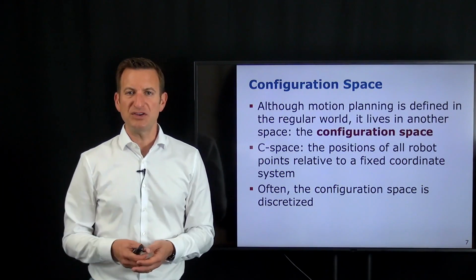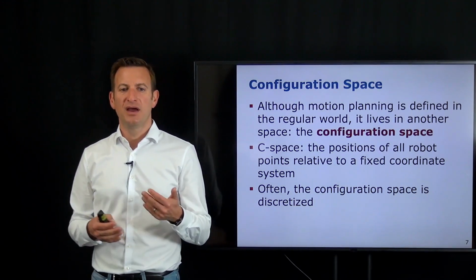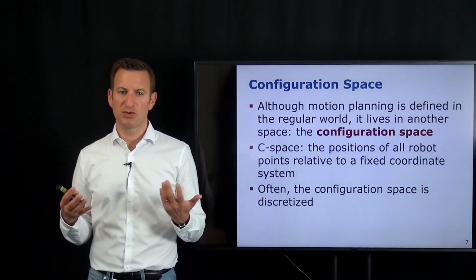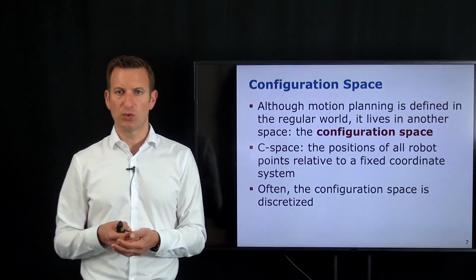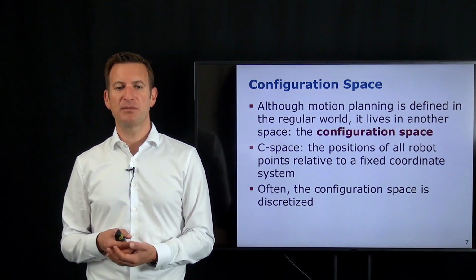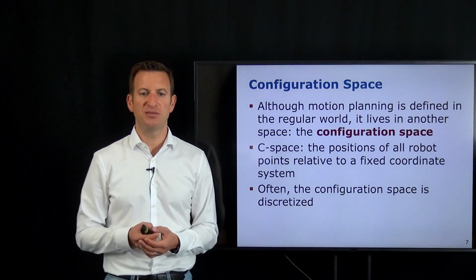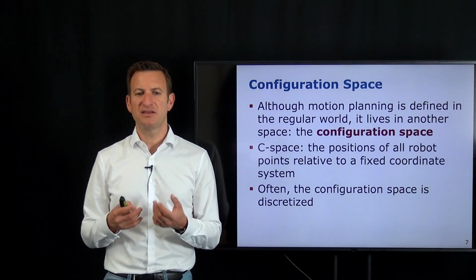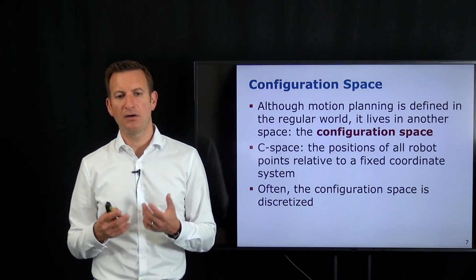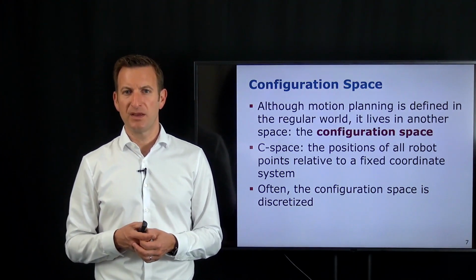So the configuration space is also an important concept to talk about. Although the robot typically moves through our real world, our Cartesian world, the planning problem typically lives in a different space, in the so-called configuration space, also called C space. It can be seen as the positions of all robot points relative to a given coordinate system.